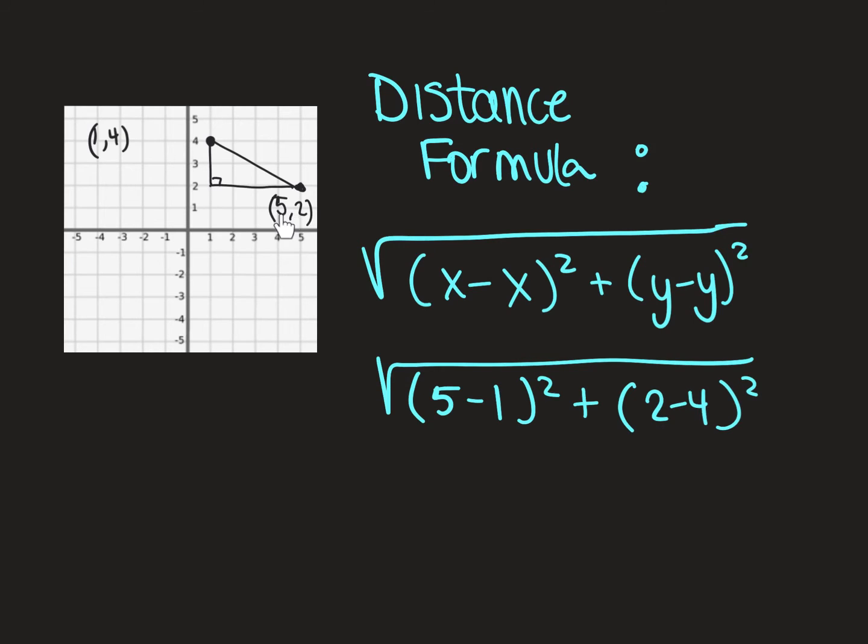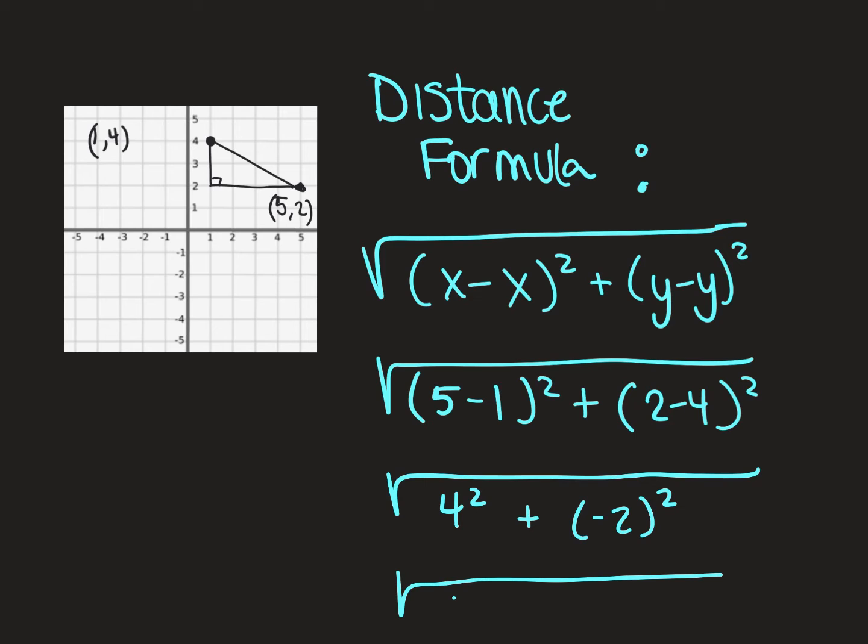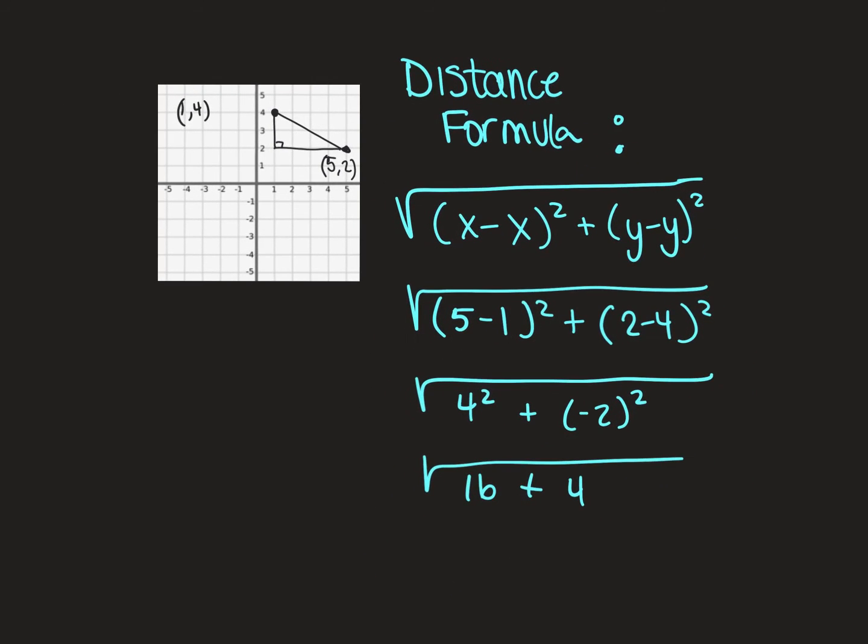If I start with this ordered pair with 5, then I have to keep going with this ordered pair 2. If I start with 5, then over here I have to start with 2. Second line is going to say 4 squared plus negative 2 squared. Next line is going to say 16 plus 4. Final line will say the square root of 20.